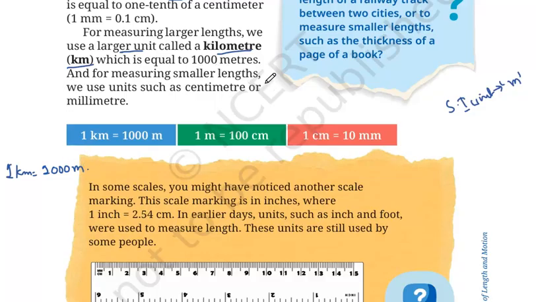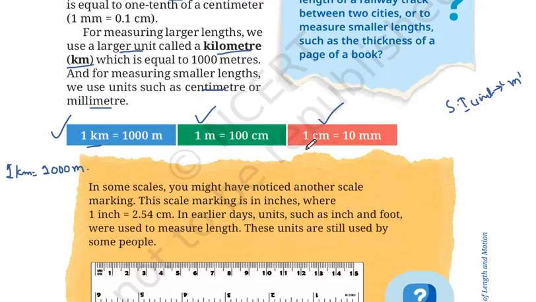So for measuring smaller lengths, we use units like centimeter or millimeter, whereas to measure bigger lengths, we use units like kilometer. All right, so here you can see 3 relationships are given to you. All these 3 relationships are very, very important, so you are going to learn them. But before learning, you should understand how you are getting it.